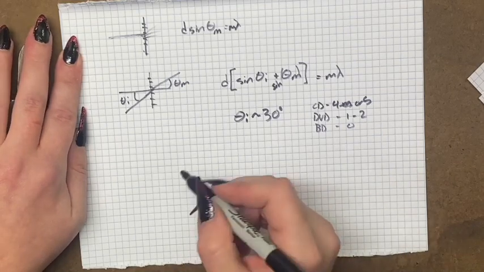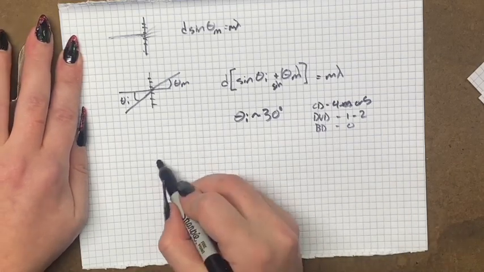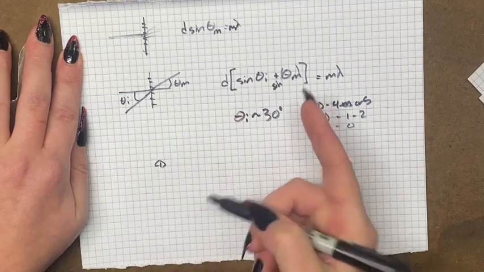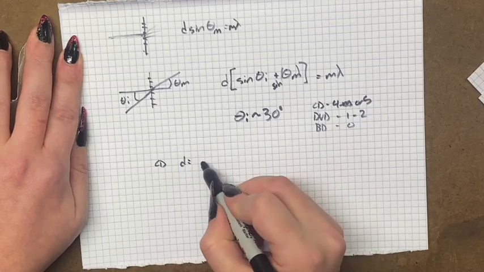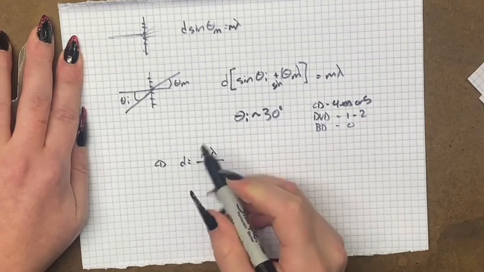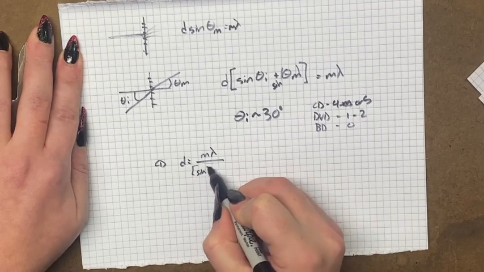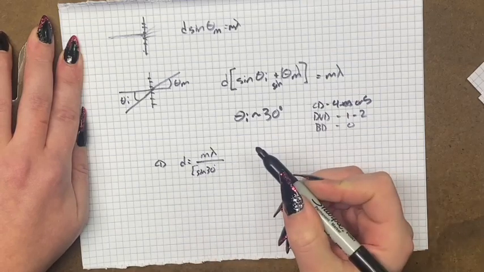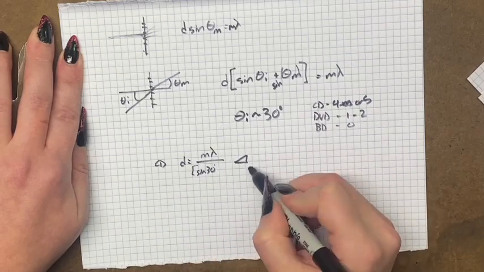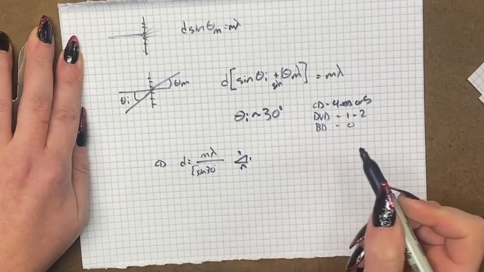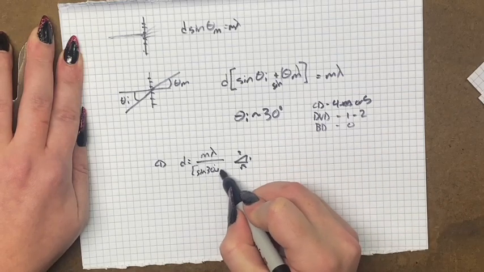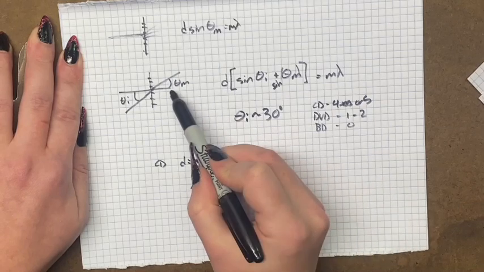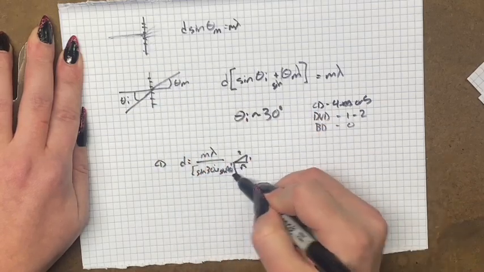I ended up coming up with the following ranges or calculations. For the CD, solving this equation a little bit differently, we wanted to find d. So I said d was pretty much m lambda over the sine of 30, which is 1 over 2, plus the sine of 90, the maximum possible diffraction angle we could get.